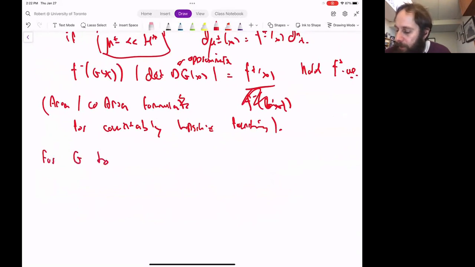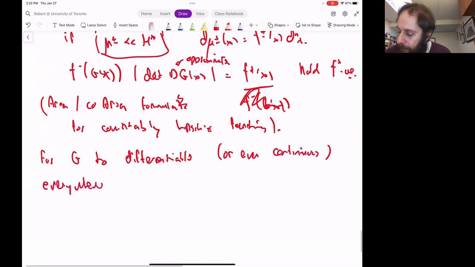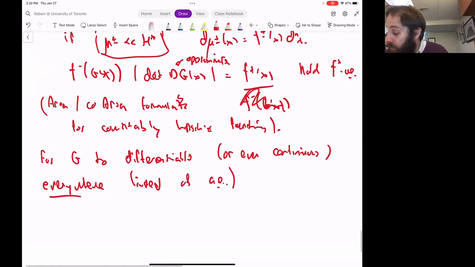For G to be differentiable or even continuous everywhere instead of almost everywhere requires much more.